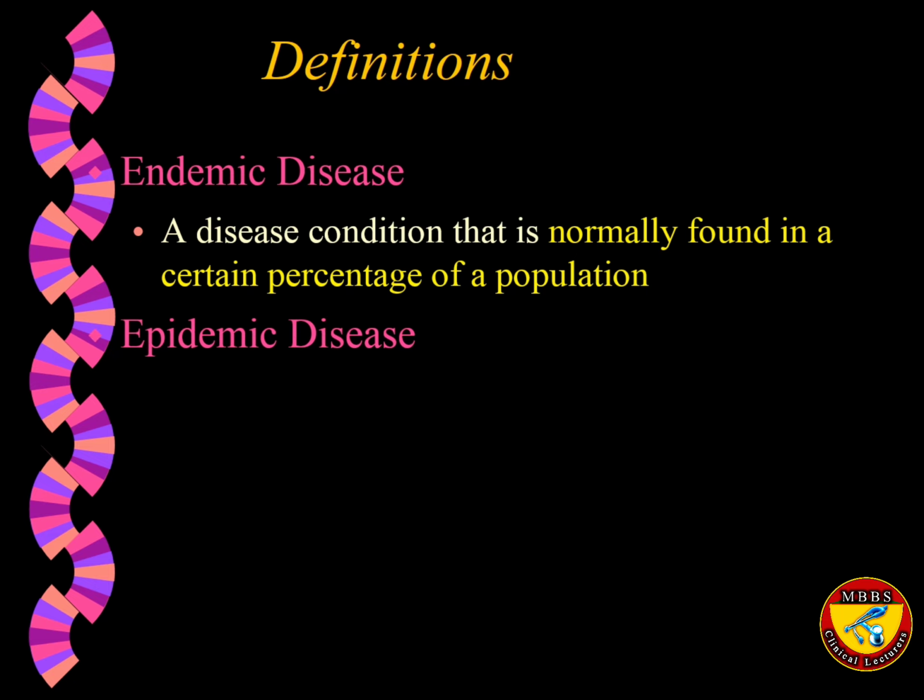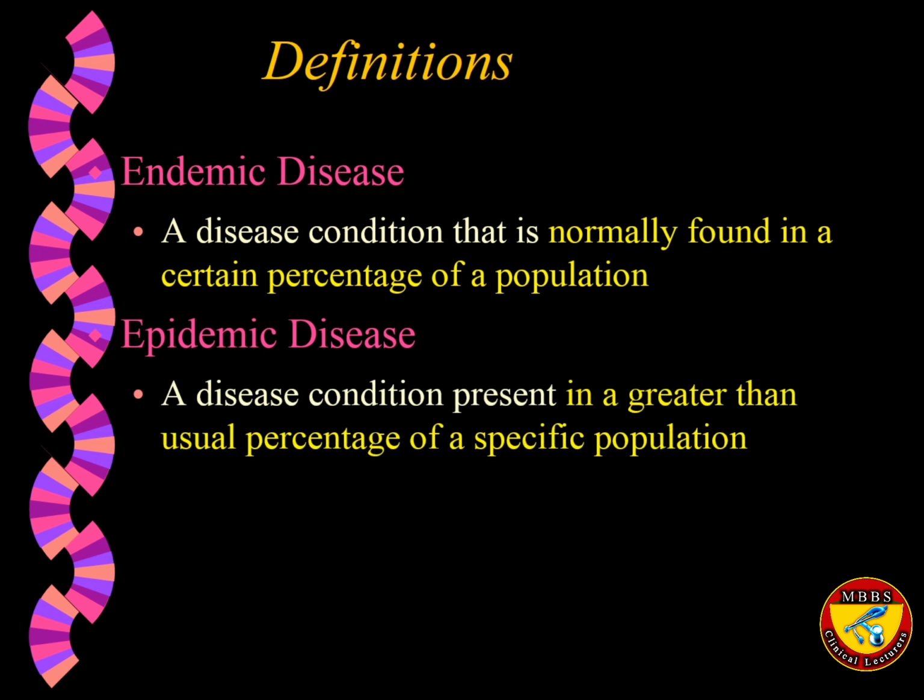While an epidemic disease is one which occurs in a greater than usual percentage of a specific population. For example, these days the epidemic which has become a pandemic is corona. Usually these coronaviruses were not very potent to spread beyond their expected percentage, but now they have a greater than usual percentage in this specific population.